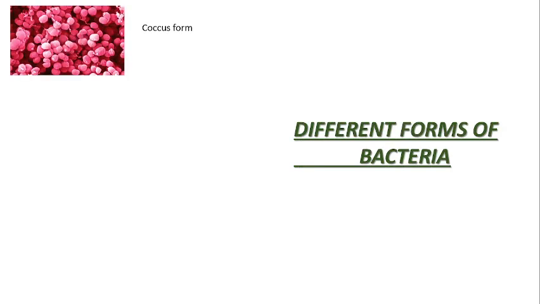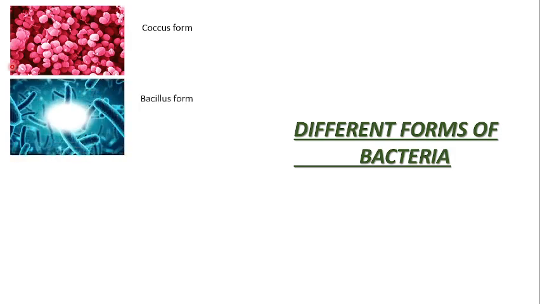Alright, now let's check out the different forms of bacteria. There are four common forms. The first one is coccus form. Coccus form is basically bacteria which are spherical or ovoid in shape. As you can see, they're very spherical, circle-like shaped.